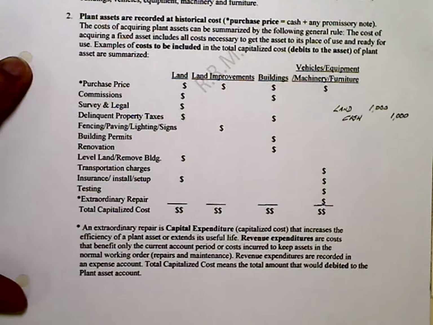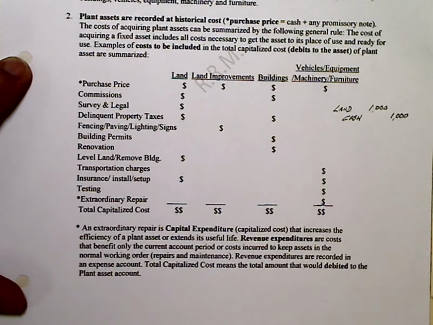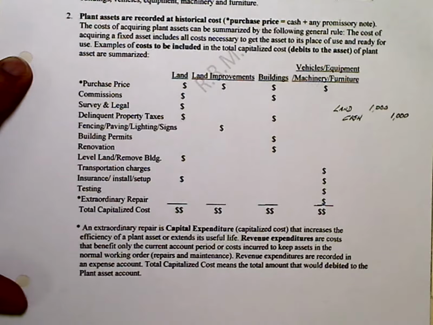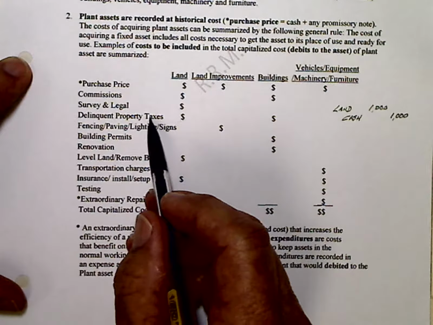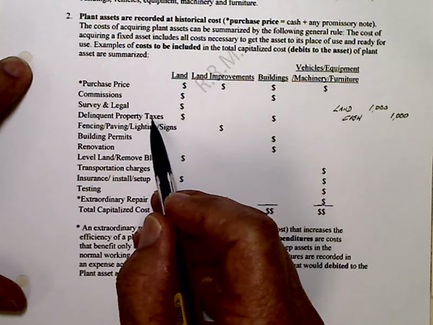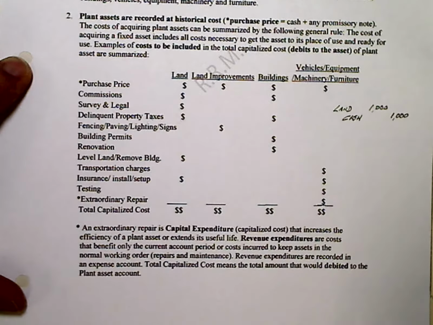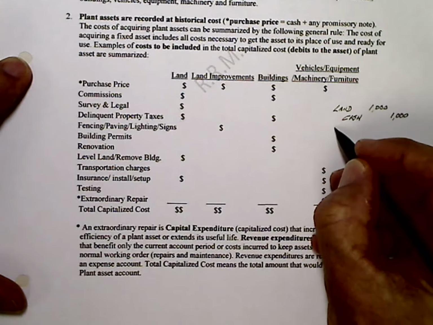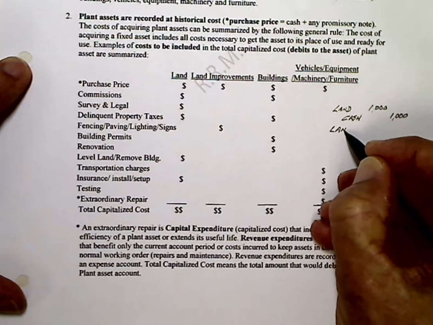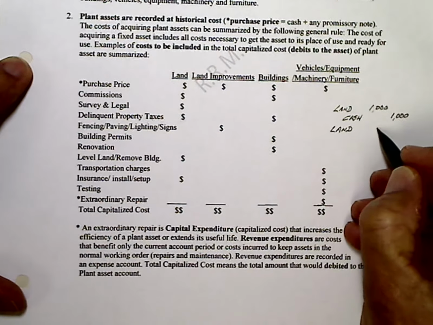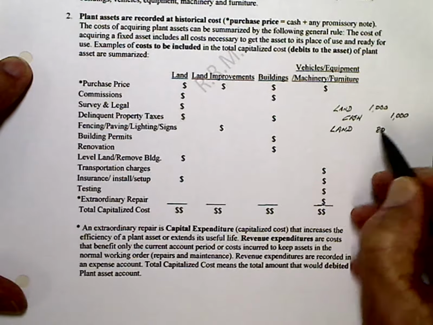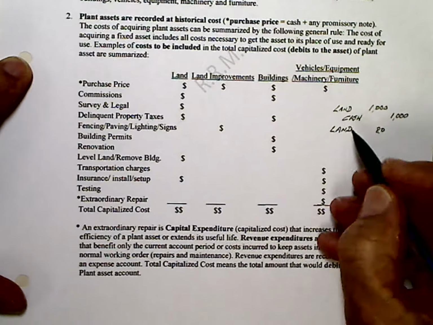Now, if that land was subject to, let's say, delinquent property taxes, Bexar County delinquent property taxes, and we cut a check for $80 to pay off old taxes on that, capitalized means we're going to increase the cost of that land $80.